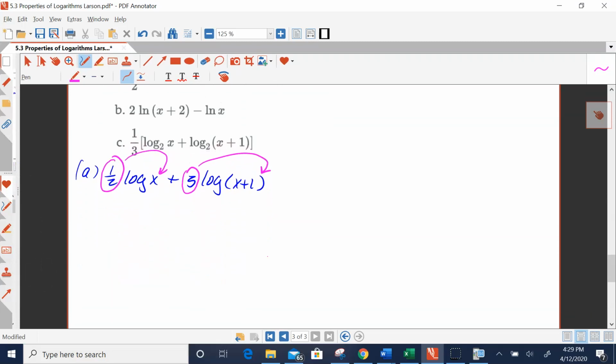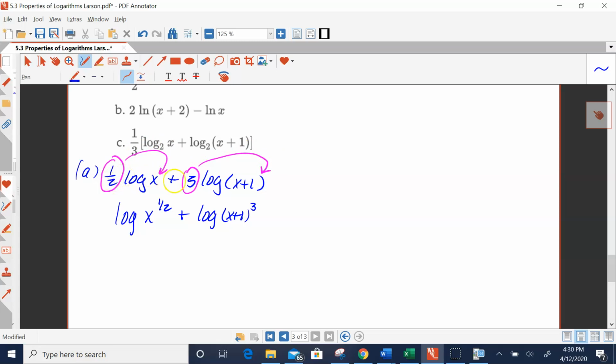So your first step is to bring coefficients up as exponents. So this would give me log x to the 1/2 power plus log of x plus 1 to the 3rd power. Always start by bringing those coefficients back up as exponents.